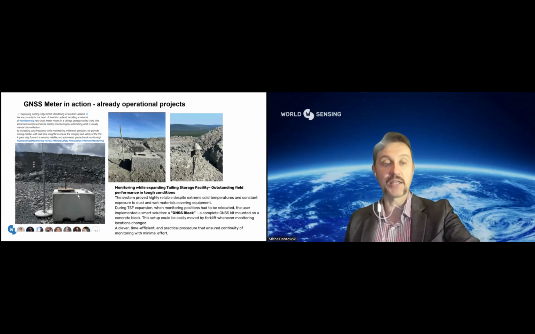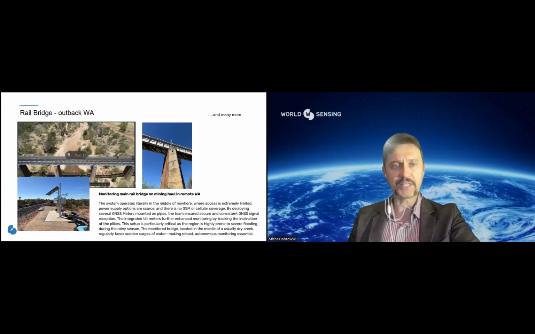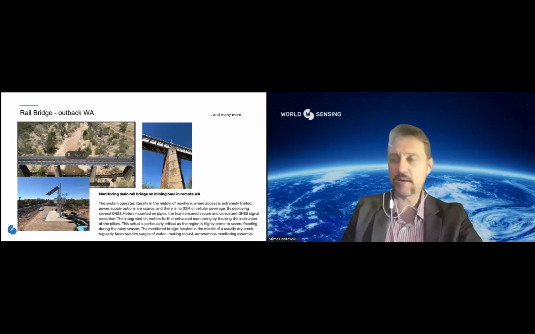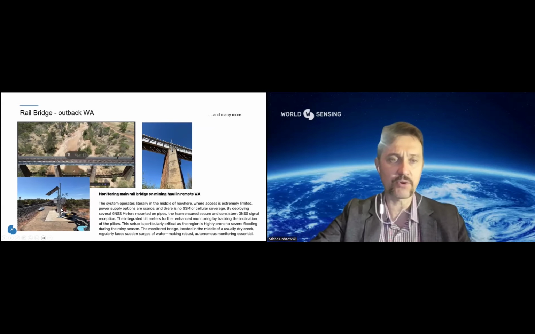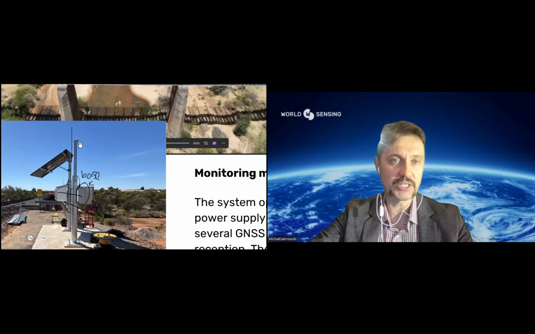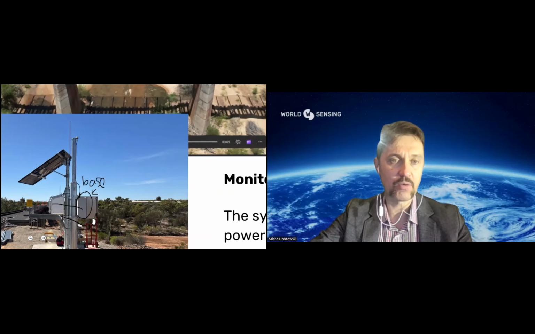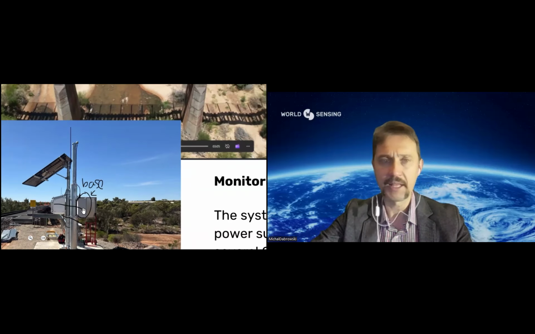However, this is another example on this photo. Let me zoom in. As you can see, the GNSS base is deployed on top while the entire G7 unit is installed in an additional enclosure, which is then locked.